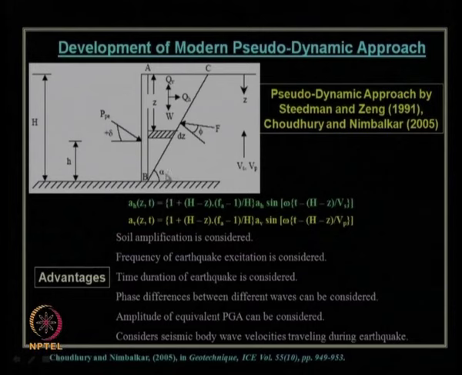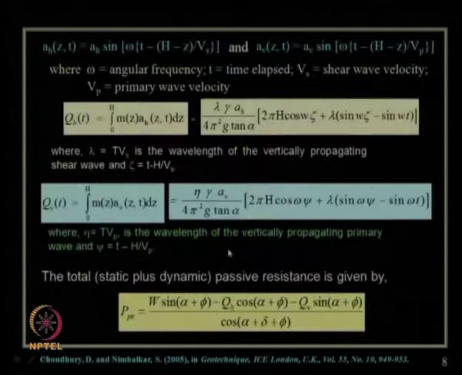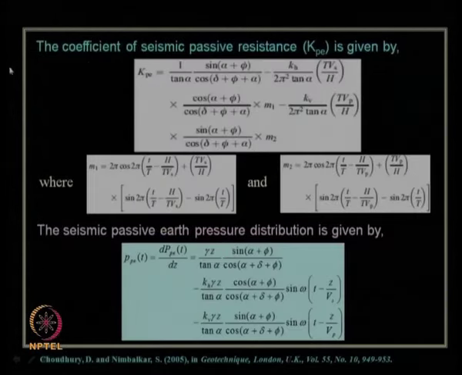Remember, in the static case we need to optimize it with respect to only the chosen failure plane angle alpha, but in the dynamic problem you have to optimize not only with respect to alpha, but also with respect to the duration of the earthquake in terms of the frequency of the earthquake. How it has been done, I will come to that now.